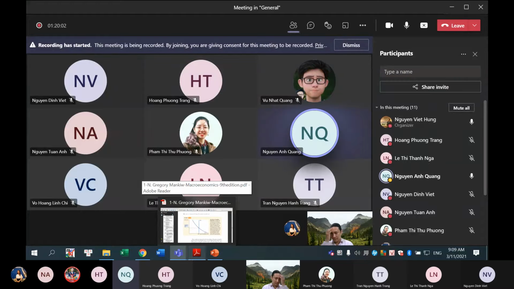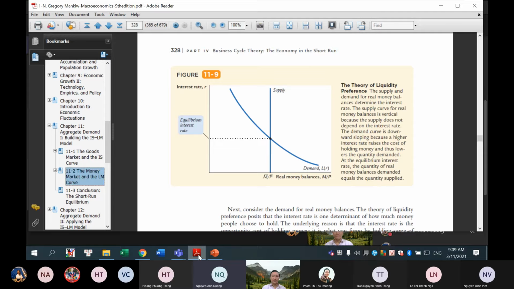I think that if the economy produces more goods and services, people will have more. People will want to keep more money. They want to hold more money. So the money demand will shift upward, which means that the equilibrium interest rate will also go up. Yes, exactly. Thank you for your answer.